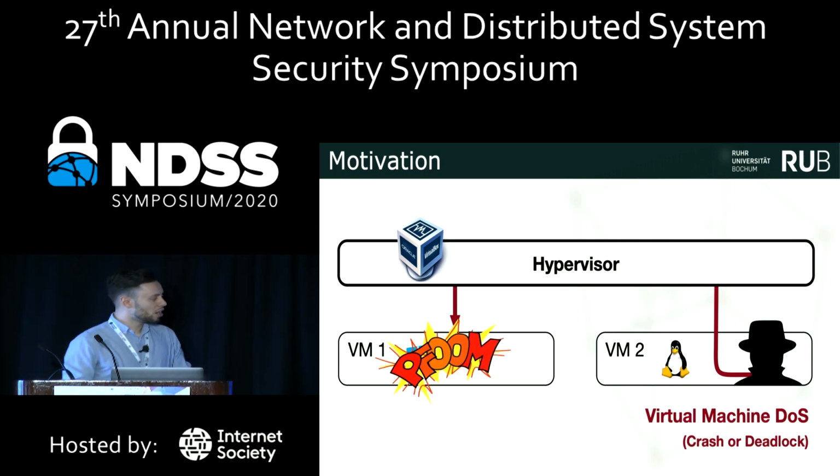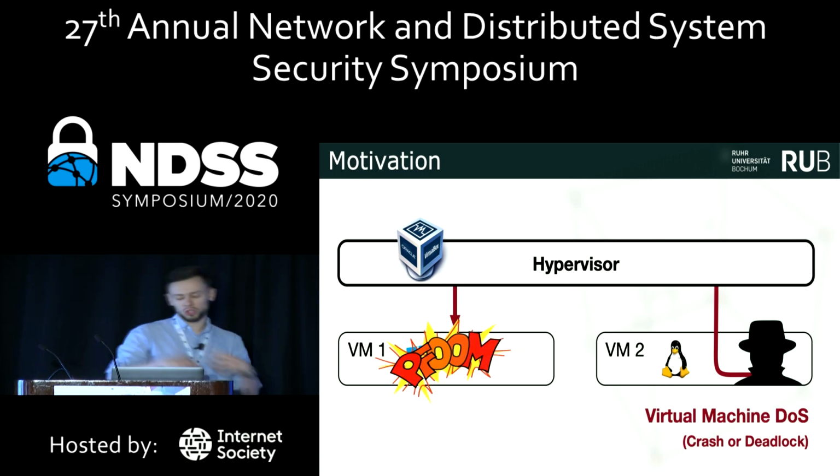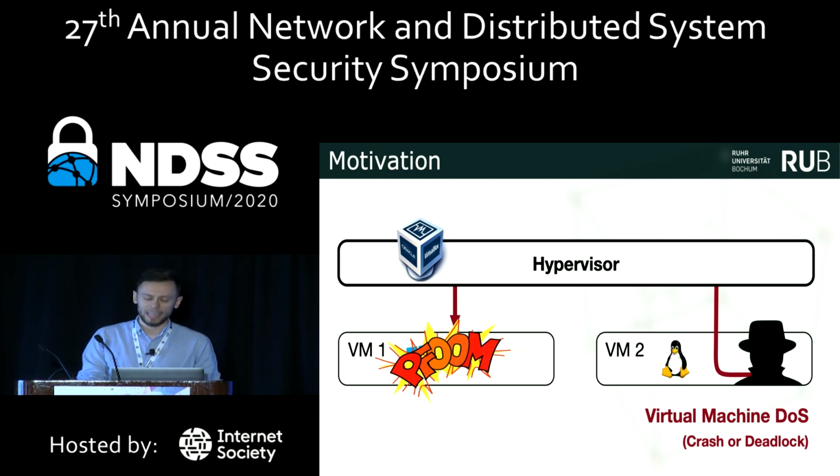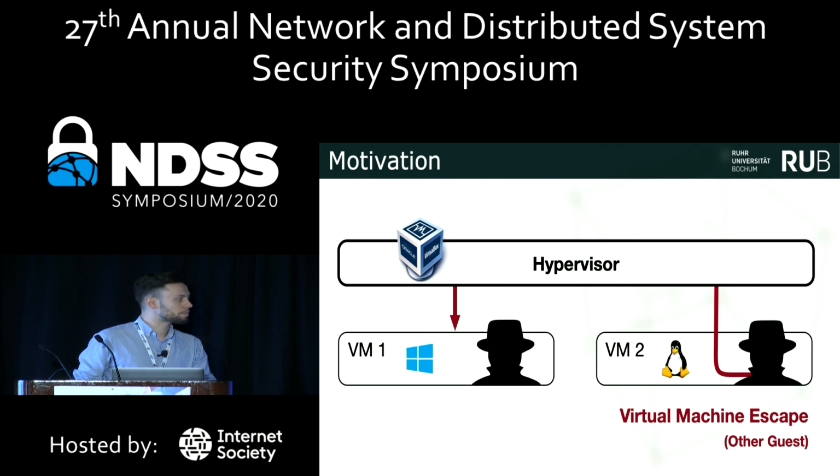We would be able to crash another virtual machine, which would be a remote denial of service attack. And even worse, if there are critical vulnerabilities in the implementation, then an attacker might be able to get code execution inside another virtual machine. It's basically a virtual machine escape to another guest.